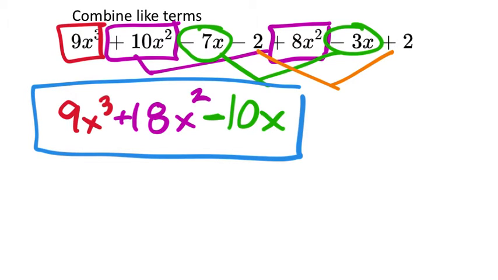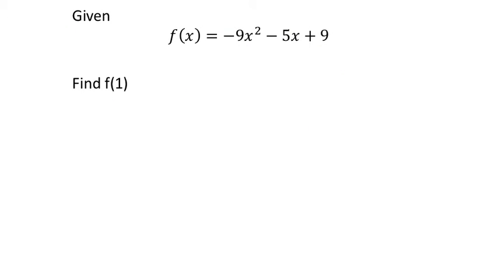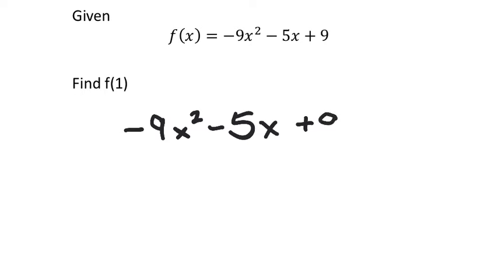But if you can simplify these, then you're in good shape. So on this one, it's f of x. That's function notation, and this is the function: negative 9x to the power of 2 minus 5x plus 9. Okay, f of x equals that. Now, up right here it says find f of 1.